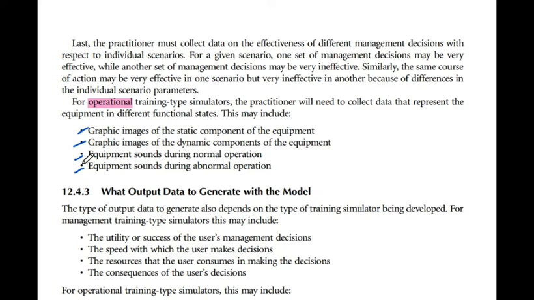So, we have, ano ba yung next? What output data to generate with the model. So, we already know how to identify the system component to my model. We already know kung ano yung input data na kailangan i-collect. Now, let's proceed naman sa ano yung mga output na kailangan i-generate with the model.